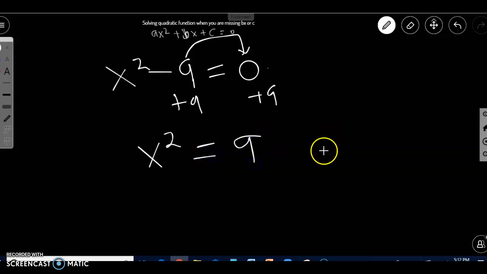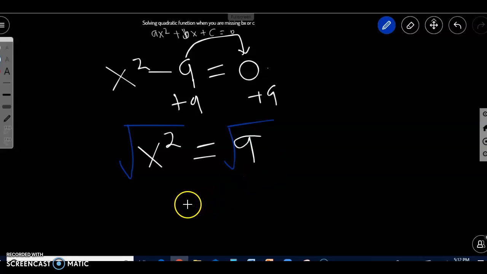Now we want to solve for x, but we have x squared. Remember, I told you that anytime you want to get rid of a square, you take a square root. So you do the same thing here, and whatever you do on the right hand side, you have to do the same on the left hand side. And remember from my previous video, when you solve a quadratic, you're looking for two answers.